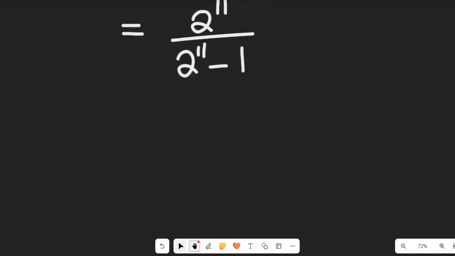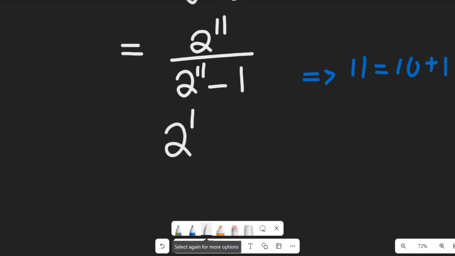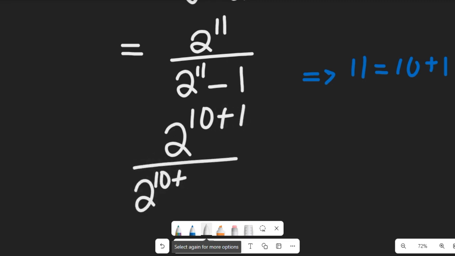So if we simplify this expression, we're going to get the solution. To simplify this expression, recall that 11 can be equal to 10 plus 1. So I can simplify that to give me 2 to the power of 10 plus 1 divided by 2 to the power of 10 plus 1 minus 1, and this will give me the solution I'm looking for.